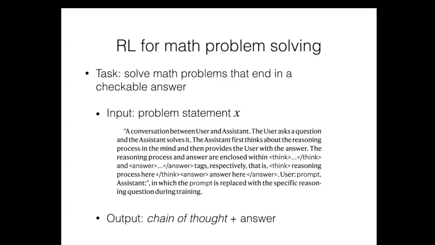Here's another area where you can add in some flexibility. Maybe you could have a really strict format for your answer in the answer tags, and before the answer tags, you could have a more flexible output. So this is really it, and I think this is the actual prompt they're using. So really minimal prompt. And then the output again is going to be a chain of thought and then some answer.